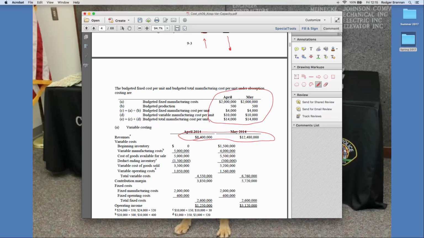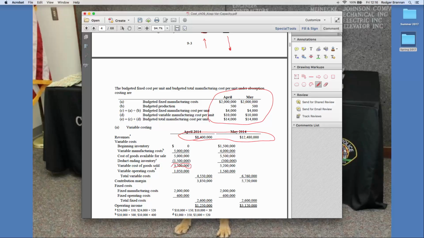So at $10,000 per car, if I produce 500 cars, I have $5 million of inventory that I'm creating, which would also be my goods available for sale. Since I have 150 cars left over, take 150 times 10,000, that's 1.5 million. So my variable cost of goods sold is 3.5 million.